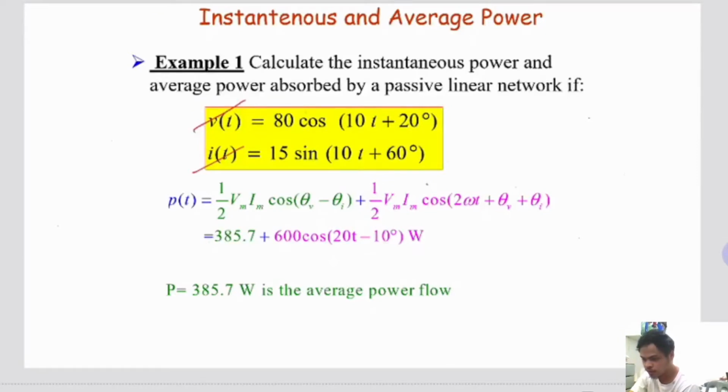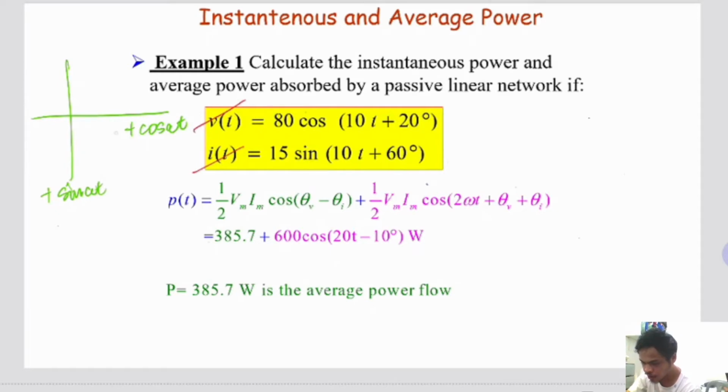And to do that, we can make use of the graphical conversion of cosine and sine functions. Here we have positive cosine omega t. Here we have positive sine omega t.